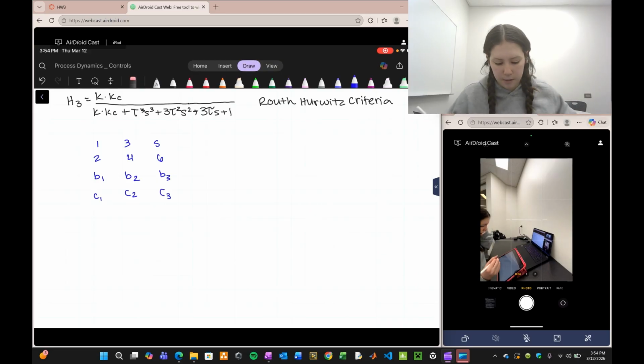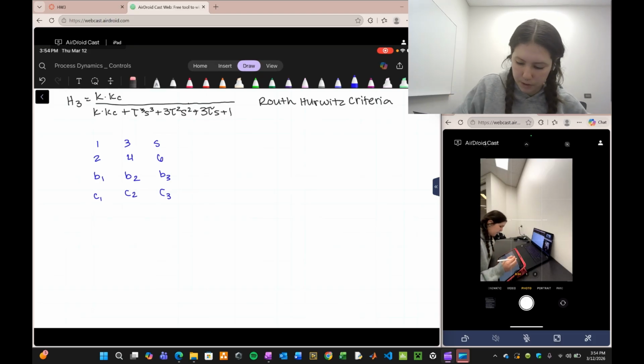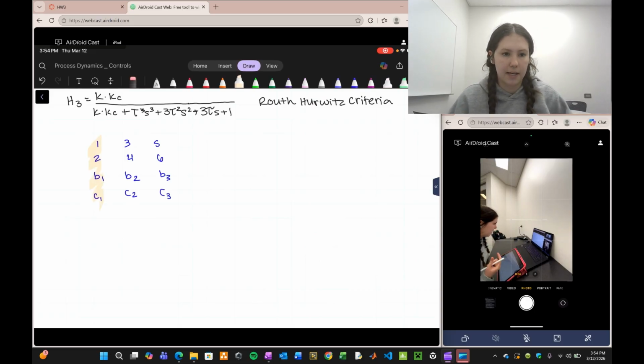So basically what this will allow us to see is we're going to look mainly at this first column, and if we have any signs that are switching, so if we have a negative and then a positive, the amount of times that the signs switch between the values in this column would show us how many of those positive or right-handed poles that we have, which would show us where instability is occurring in our system.